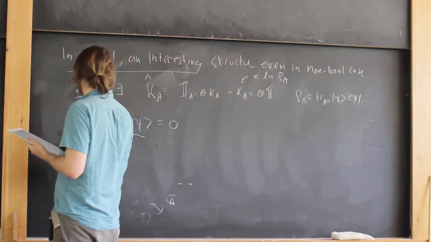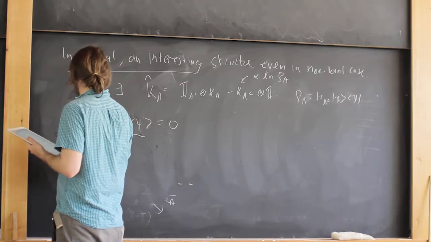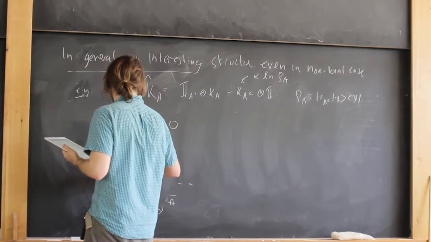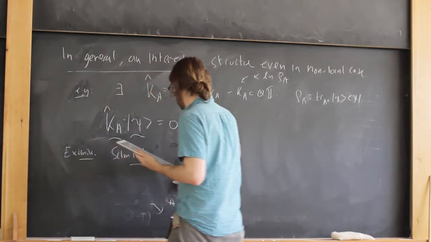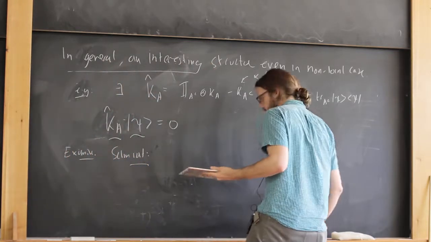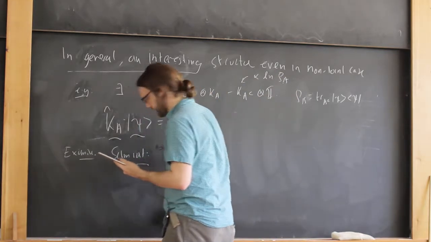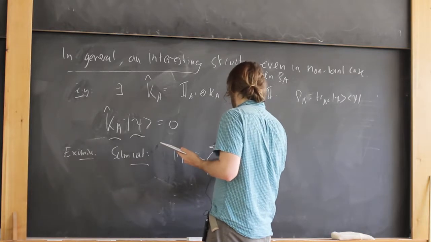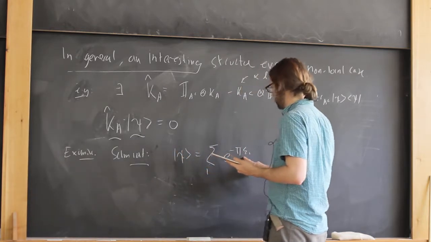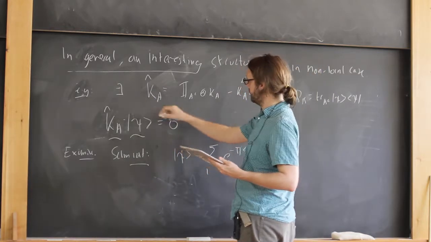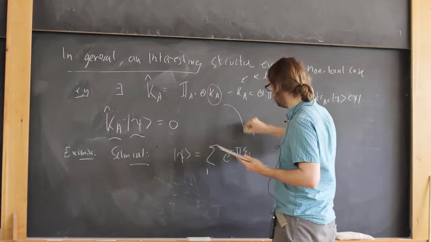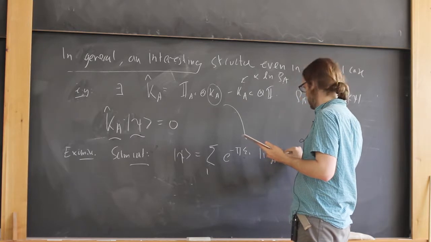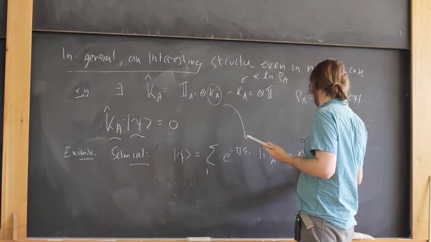And to see this, let's examine the Schmidt decomposition, which has the same form as the form that I derived before. It is just a Schmidt decomposition, where now these are the eigenvalues of this new modular Hamiltonian, K_A, and A star complement.